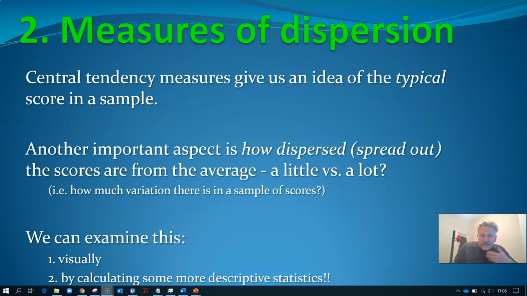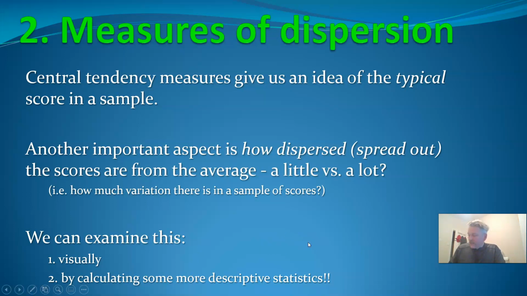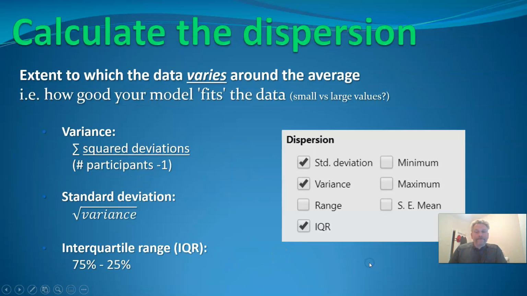And so again, the dispersion can tell you some additional information that perhaps the central tendency, or the typical score, cannot. And so it's possible to visualize this. We can show you different graphs and how you can represent this, and we'll cover that in the second session. But for now, what we're going to focus on is calculating some more descriptive statistics.